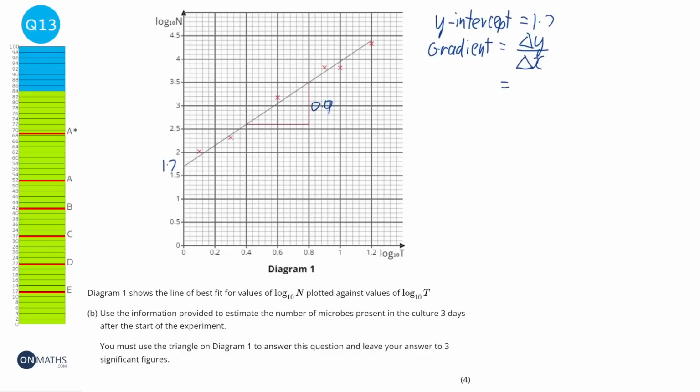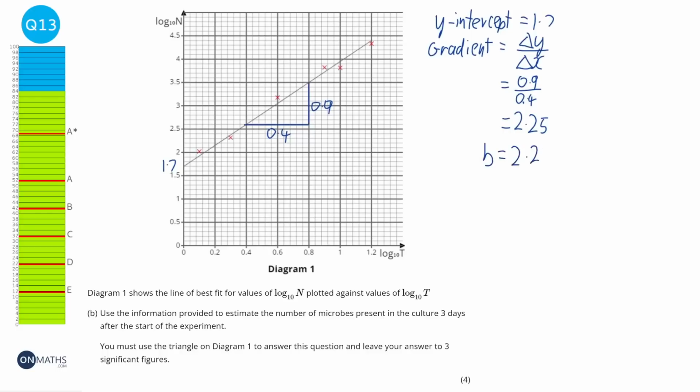The change in x is 0.4. So it'd be 0.9 over 0.4. In your A-level you'll have to actually do this triangle yourself, but on our site we kind of do it for you. Okay, so that's going to equal 2.25.